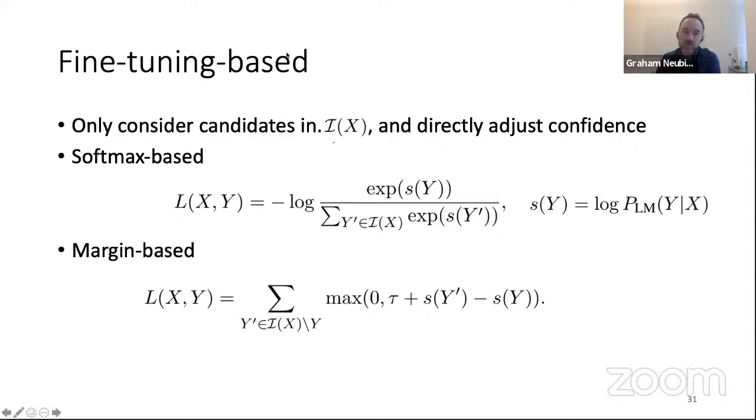So by doing this renormalization here, we could cause the model to more heavily favor longer sentences, longer answers, instead of being biased towards shorter answers, or just in general, adapt the model to be more appropriate for the task that it's being asked to solve directly.